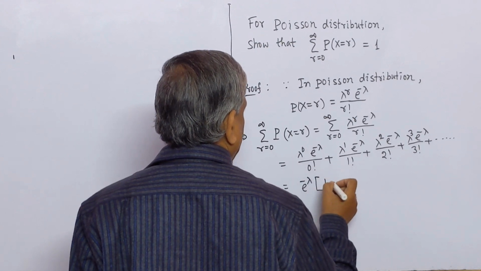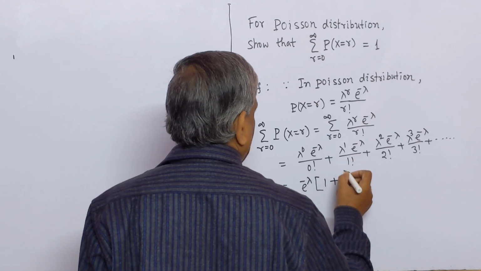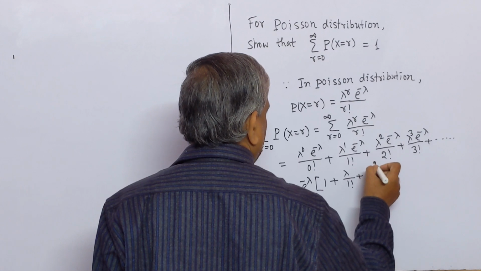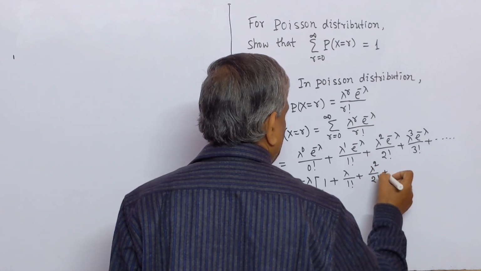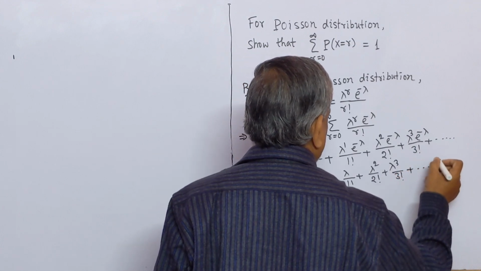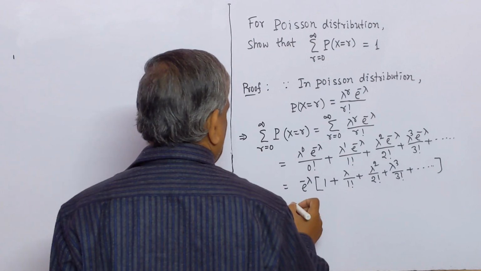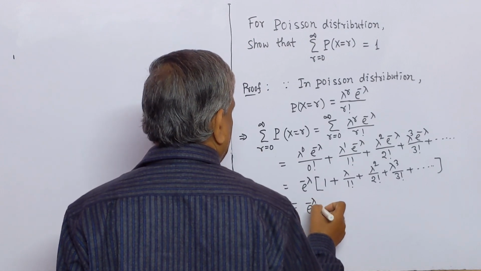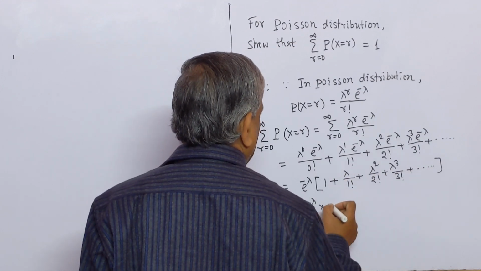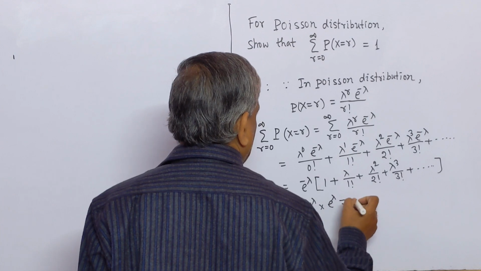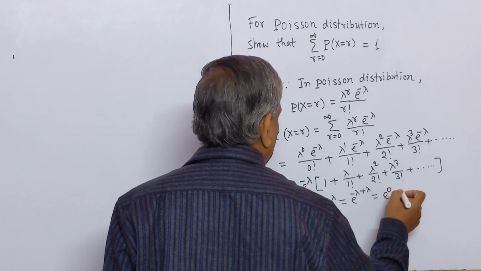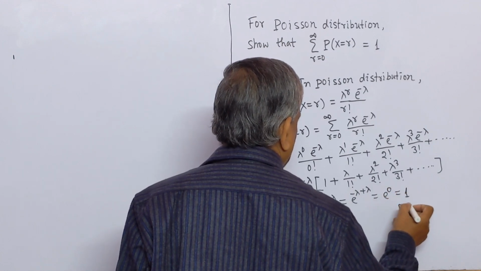Here remains 1 plus lambda by factorial 1 plus lambda square by factorial 2 plus lambda cube by factorial 3 plus and so on. This equals e to the power minus lambda multiplied by the value under the bracket, which will be e to the power lambda. This is e to the power minus lambda plus lambda, e to the power 0, equal to 1. Proved.